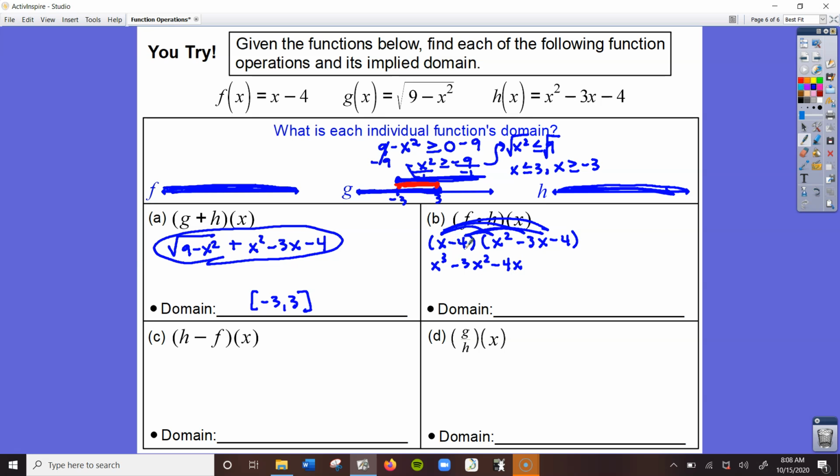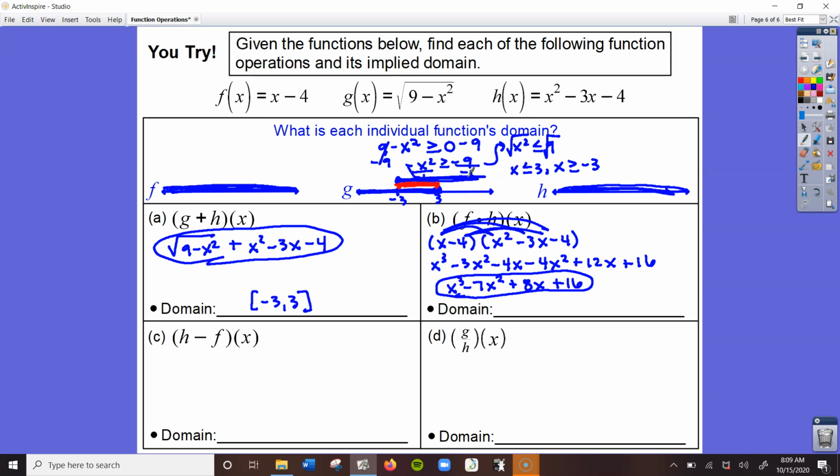And now when I distribute the negative 4, that would give me negative 4x squared plus 12x plus 16. Now that I've distributed everything, I can combine like terms. So x to the third minus 7x squared plus 8x plus 16. And this is f times h.